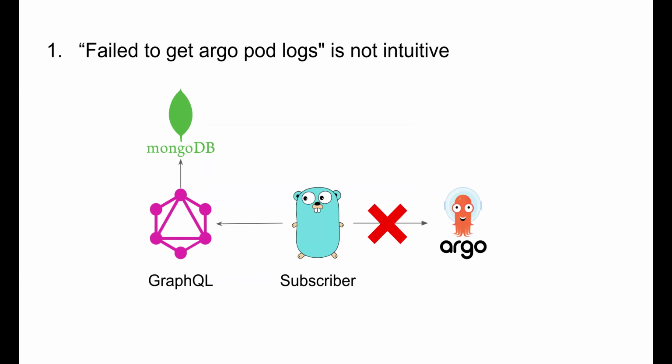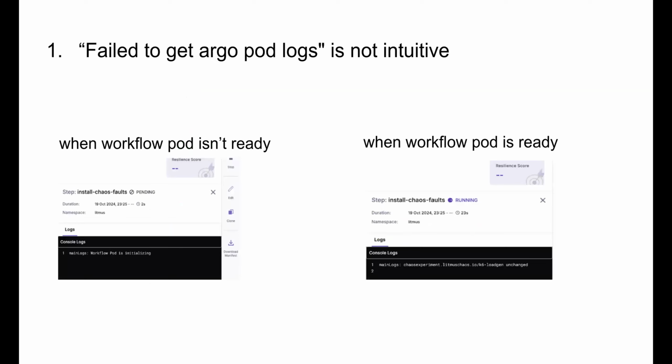This is because the chaos experiment run is the first to insert data, so the subscriber can always get a consistent phase. So I created a query and input schema in GraphQL and implemented it to reference getExperimentRun. This results in a log output when the workflow pod is not ready yet. Once the workflow pod is ready, we can see the log as normal.